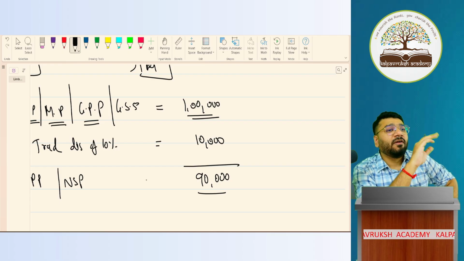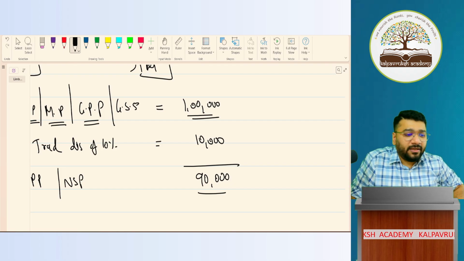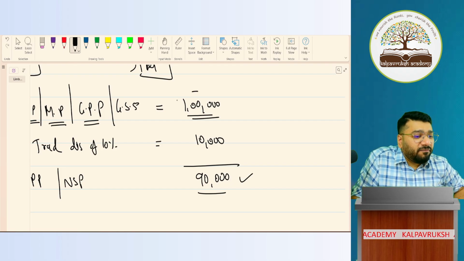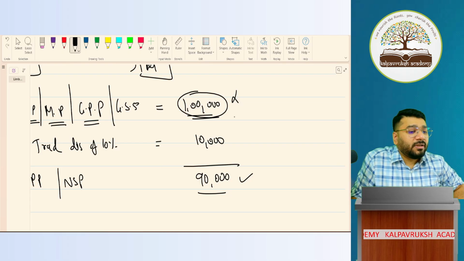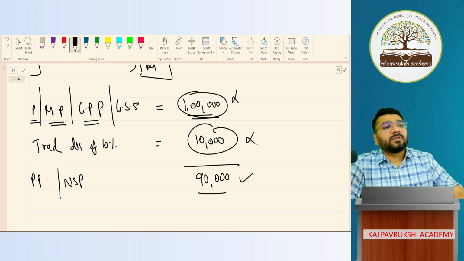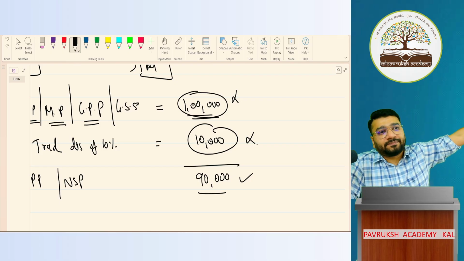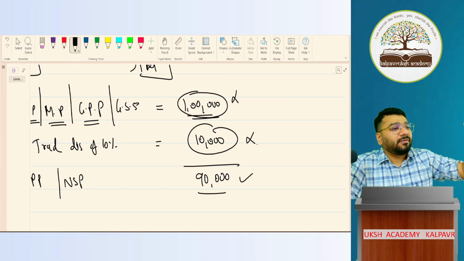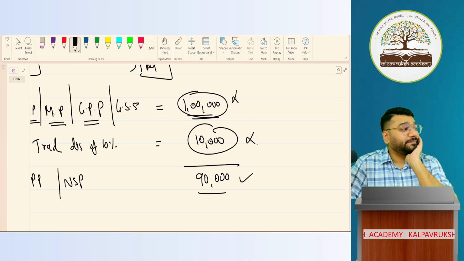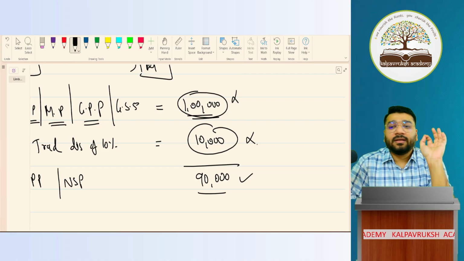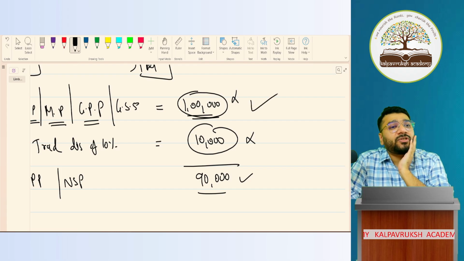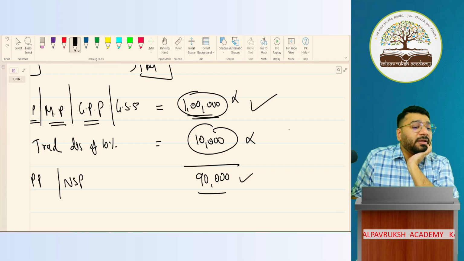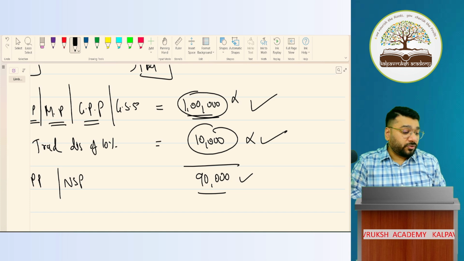My question is, why trade discount? So the answer is correct only. We will record only 90,000. 1 lakh is not recorded in the books of accounts. Trade discount is not recorded in the books of accounts. I know all of you know this answer. I don't want your answer. I want the logic behind it. Why is gross purchase price or gross selling price not recorded? And why is the trade discount not shown in the books of accounts?